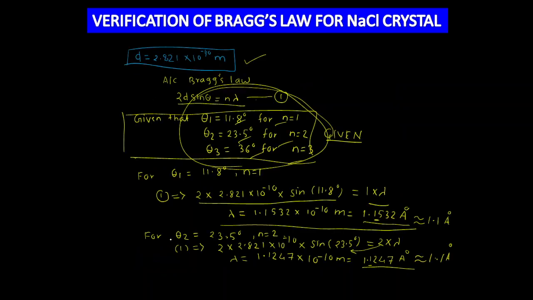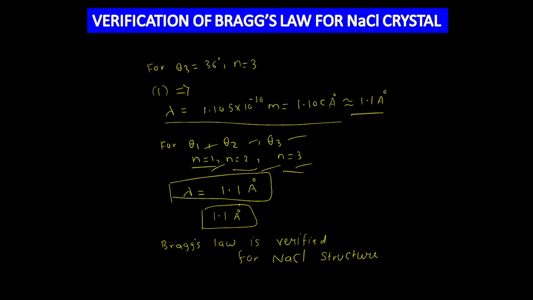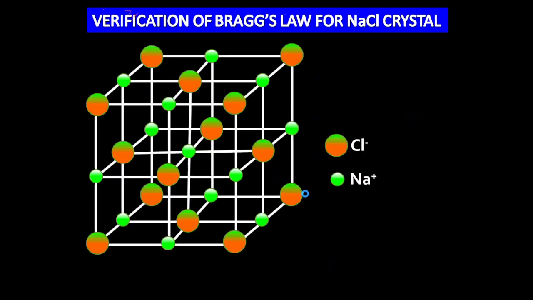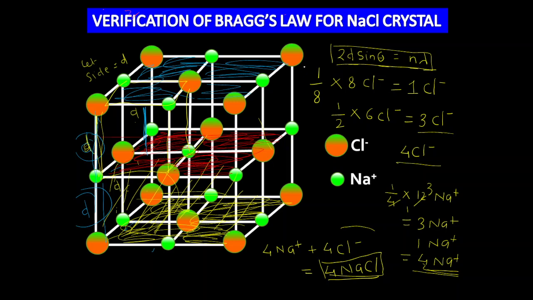For that interplanar spacing, with the help of given theta 1, theta 2, theta 3, we calculated the wavelength of X-ray, and it comes to be 1.1 angstrom for all the angles. Hence we can say that Bragg's law is verified for NaCl crystal. So this is the simple verification of Bragg's law for NaCl crystal. Okay, so thank you so much.